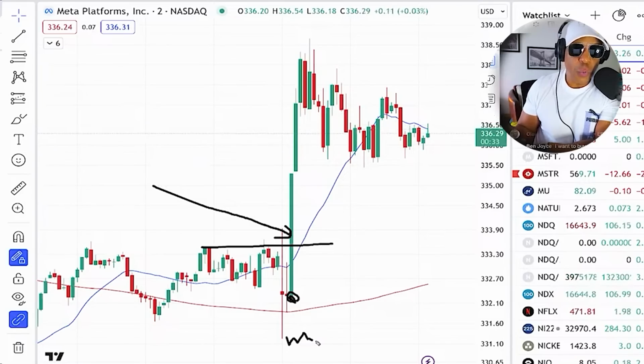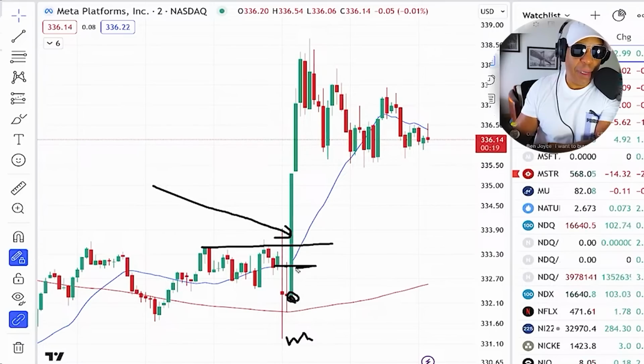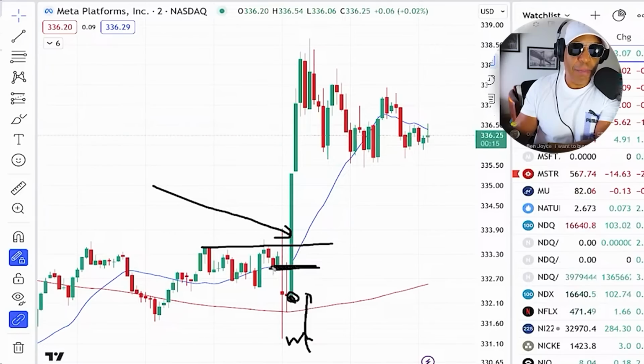Now, what's one of the signs that you are playing too heavy? That your stop out point is above the 200, in the middle between your buy point and the origin of your surge.